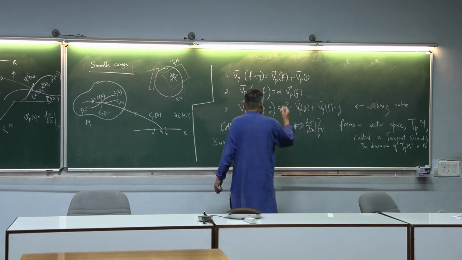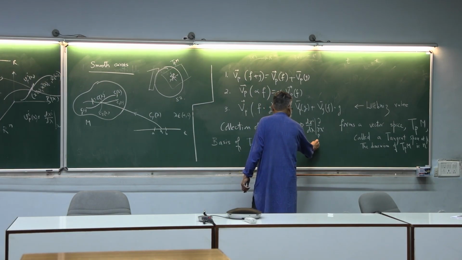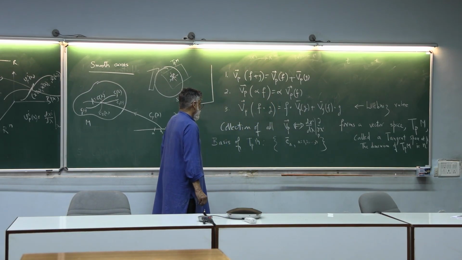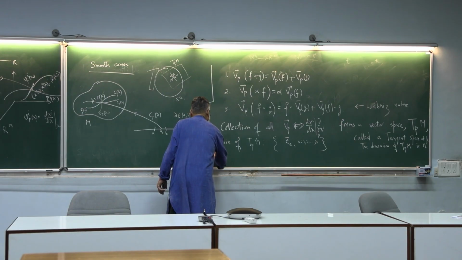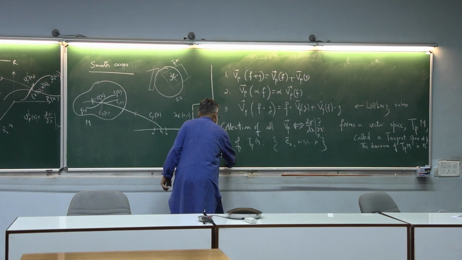So, you can choose any abstract thing. Let us call the basis EA, A going from 1, 2, 3 up to n. This is a basis. Any vector VP can be expressed as a linear combination of EA. So therefore, there will be VA times EA.